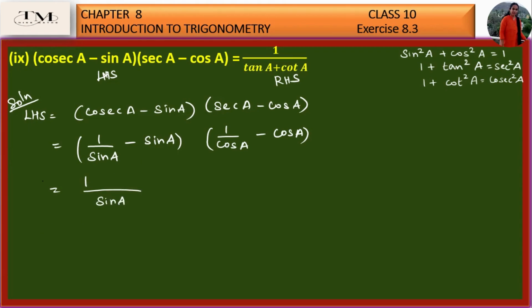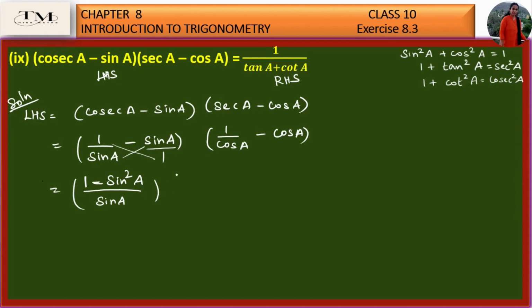We have to multiply this term by sine A, so it will be sine square A. So sine A into 1 is the LCM. Cross multiplying, 1 minus sine A into sine A, so it is nothing but sine square A.